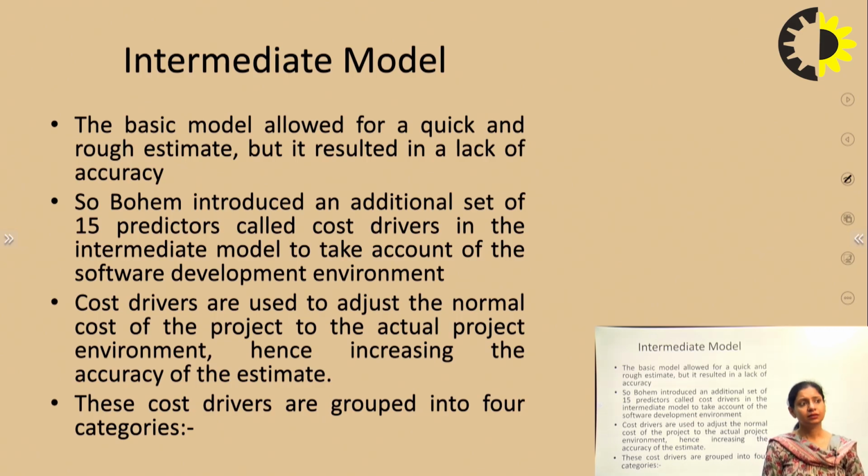So Boehm introduced an additional 15 predictors. Those were known as the cost drivers that we were talking about in the first definition, to take account of the software development environment as well. These cost drivers are used to adjust the nominal cost of the project to the actual project environment, and hence increase the accuracy of the estimate.